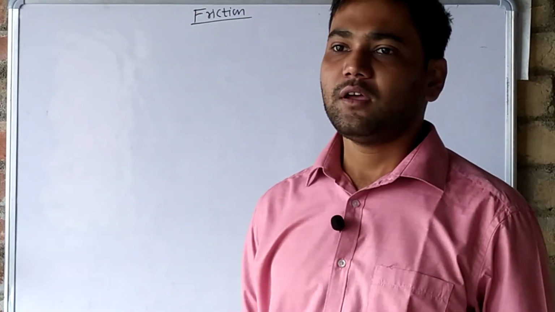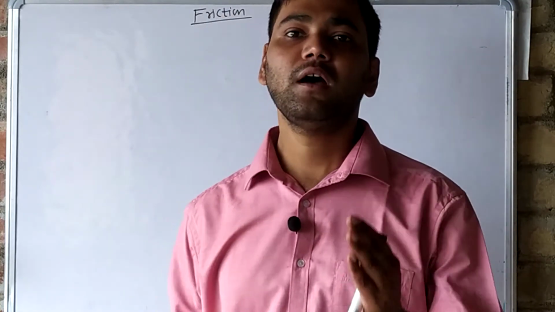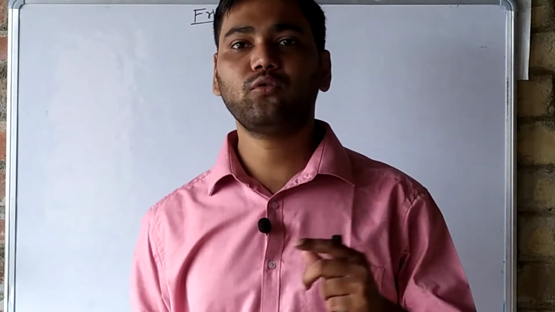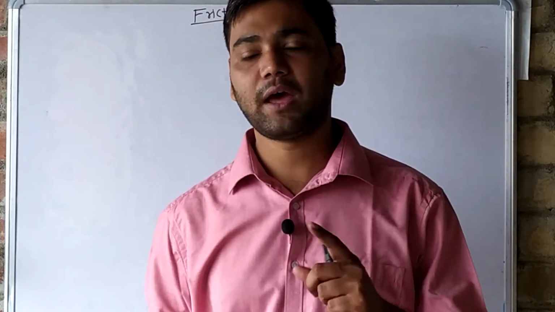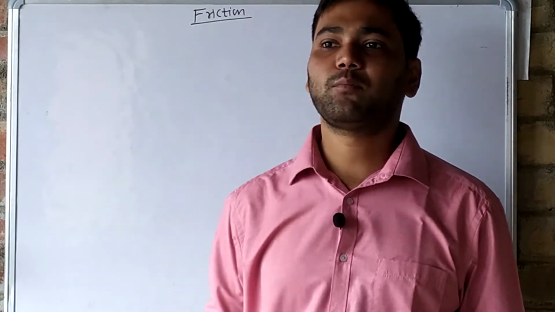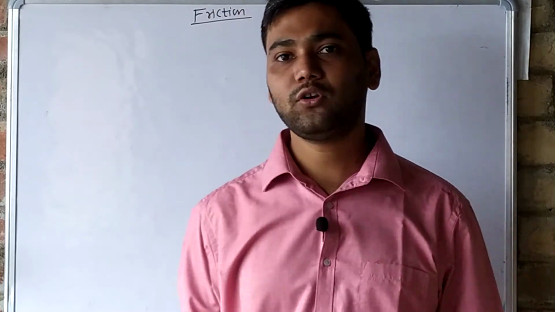What is friction? Friction is an opposing force which acts on a body in the opposite direction of the force applied. Suppose you are applying a force on a body towards east.